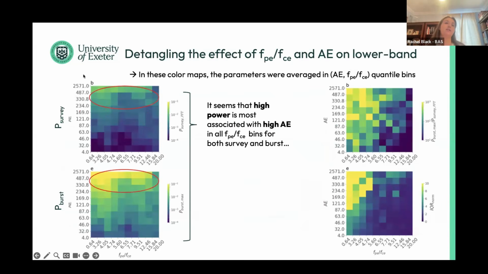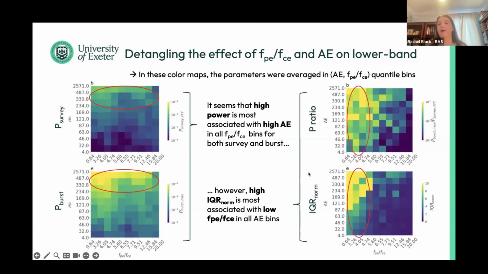So first, if we consider the power in the survey and the power in the burst here on the left, it seems that our highest power waves are most associated with high activity across all of our fp over fc bins here for both the survey and the burst data set. So as you go up each column, you can see an increase in the average power. So it appears that the activity is really controlling these increases.